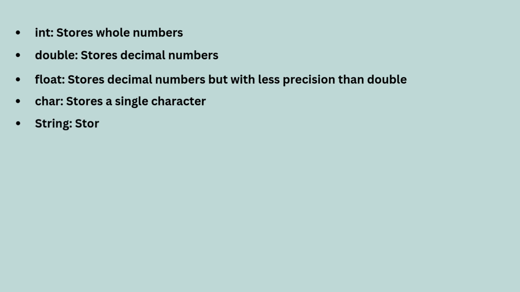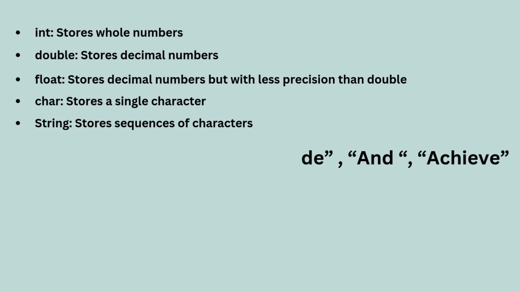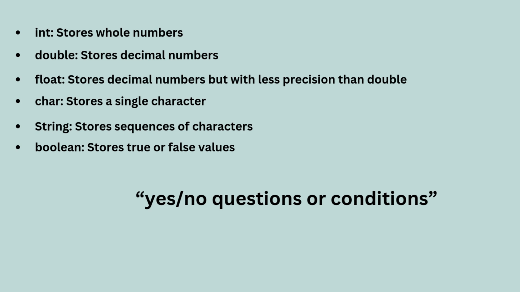Fifth one is String. It stores a sequence of characters like let's, code, and achieve, like this. Great for names and messages. Sixth one is boolean. It stores true or false values, ideal for yes or no questions or conditions.